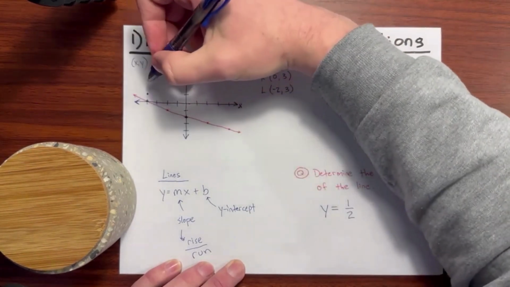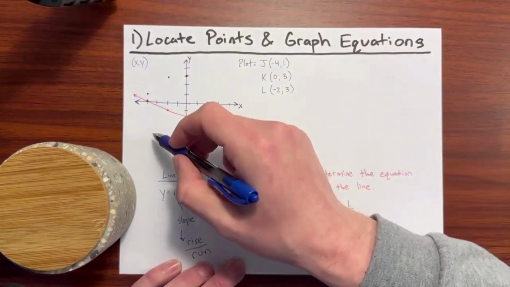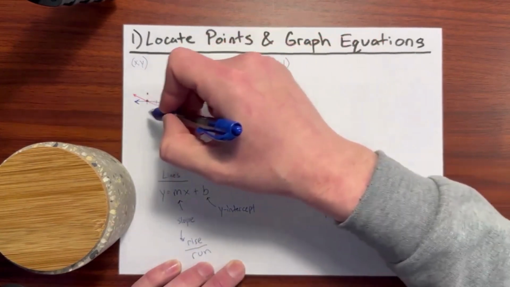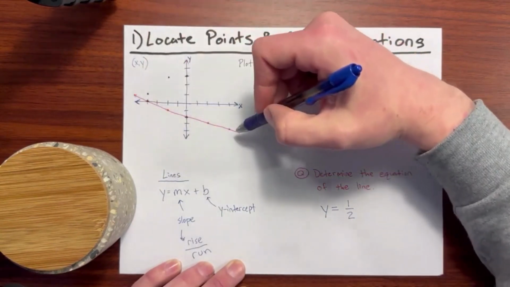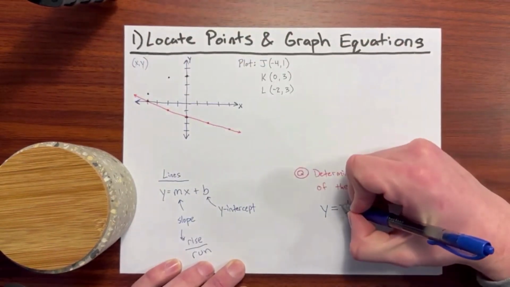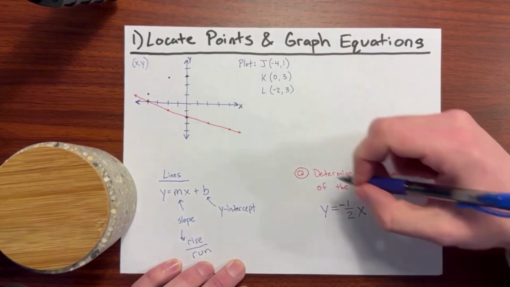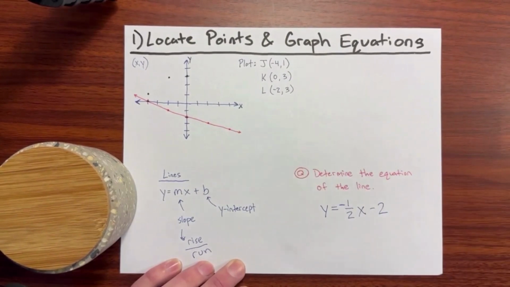It is running in this direction, meaning that it's going to be negative. If it was running in this direction, it would be positive slope. But since we're going from this quadrant to this quadrant, it's going to be negative. And then x, and it is a -2 y-intercept.